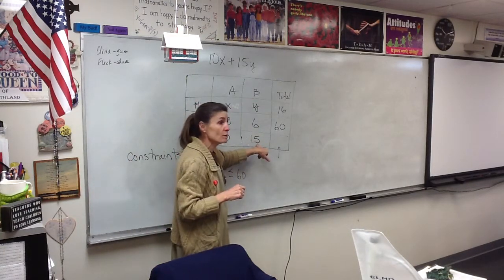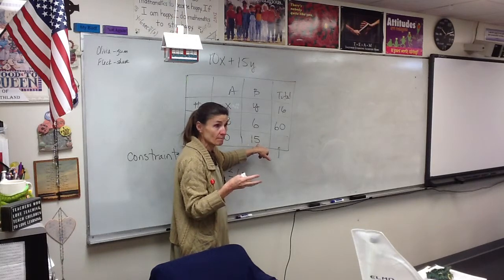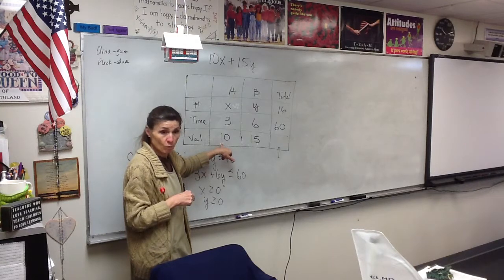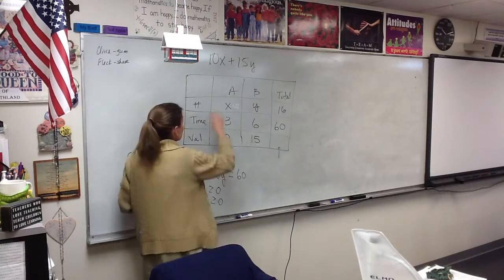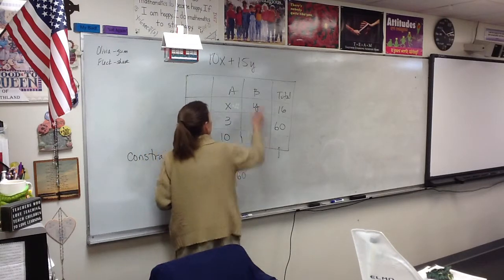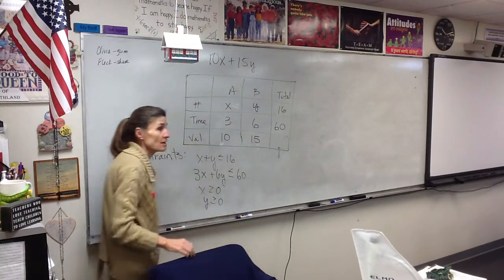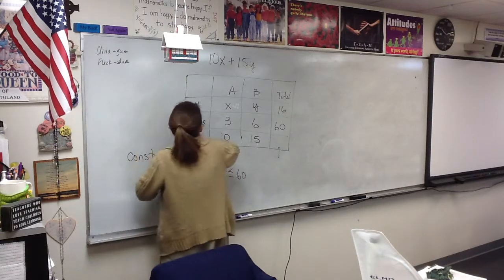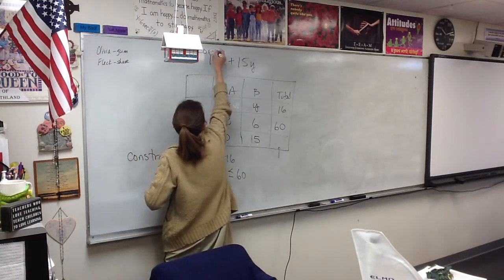So if you got 2 of these, that would be 30 points. And 1 of these, that would be 10 more. So 40 points. You simply take however many of these you get right times 10, these times 15, and add them up. That's how you get your score. So you are trying to maximize your score.